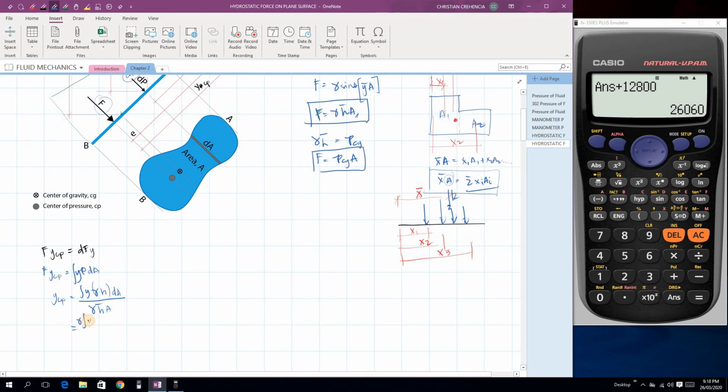Then we have y times our h, which is y sine theta, times the differential area, all over the unit weight times h bar A. So we can cancel the unit weight. Let's continue the derivation.